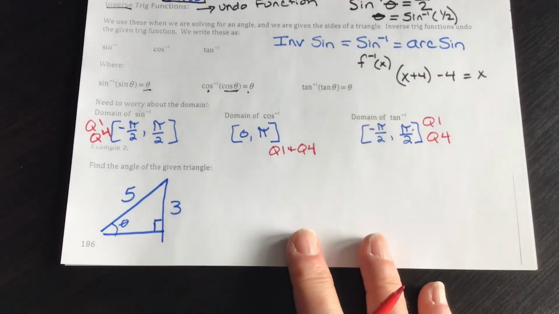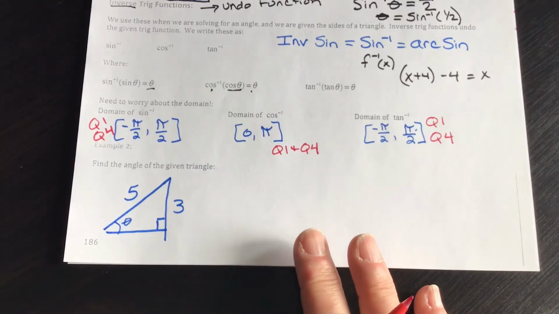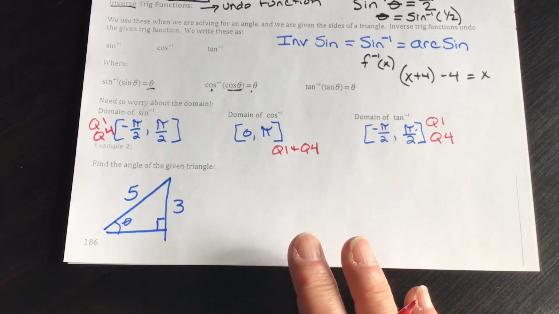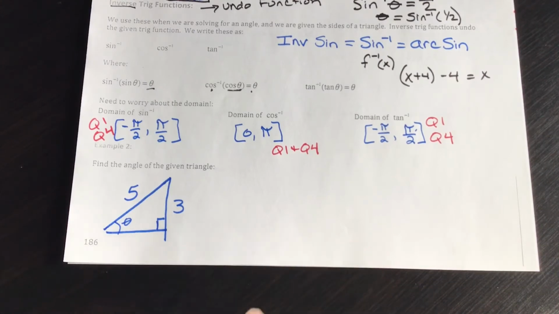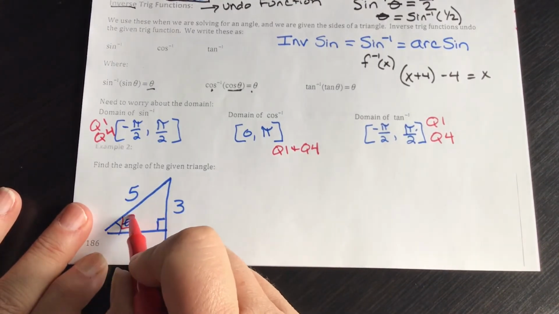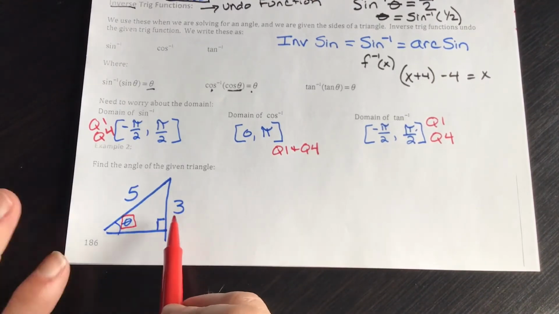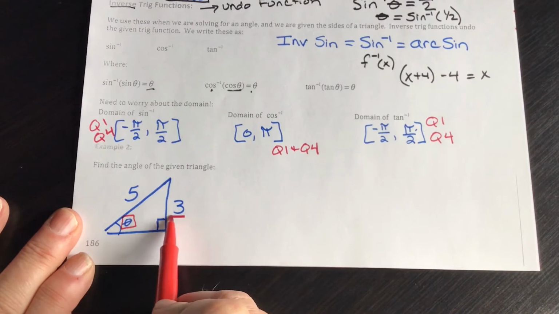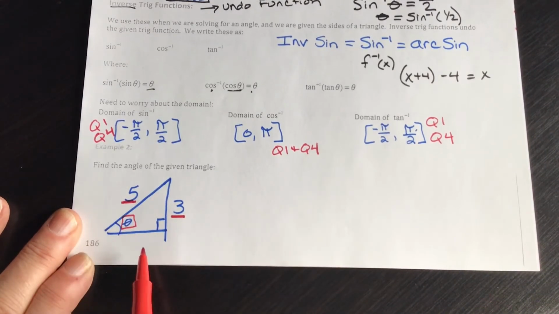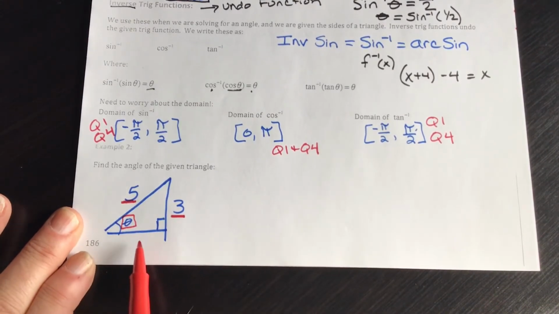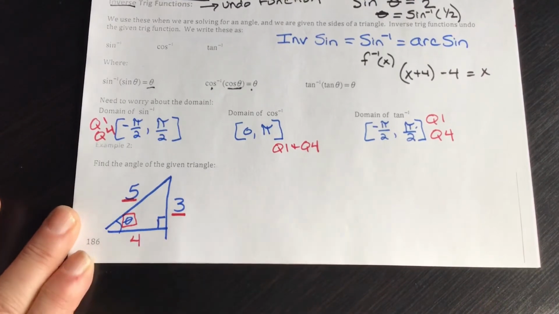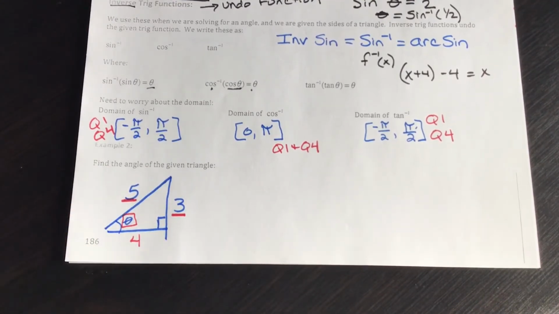All right, so we're going to use that as a reference when we get to the next page. But down here we have a triangle, and these pictures were left off of your notes, so you're going to have to draw this in. And it's asking us to find the angle. In this triangle, we know that this side is 3, this side is 5. I don't know what this side is, but I can calculate it, and technically that would be 4. But knowing that isn't really going to help us find the measure of that angle.